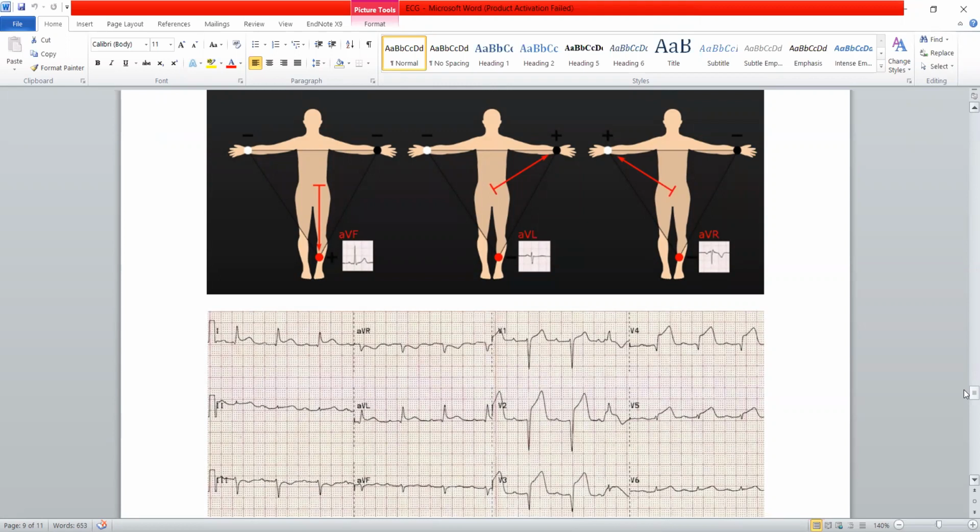V1, V2, V3, V4, and AVL. In AVL, ST segment is elevated. That's right.